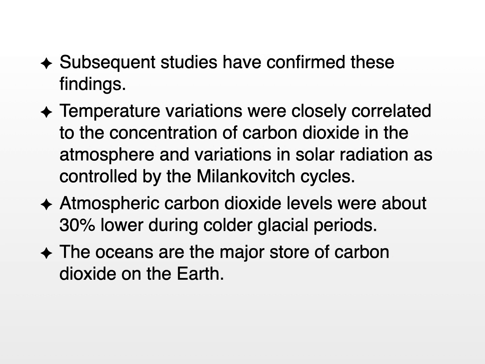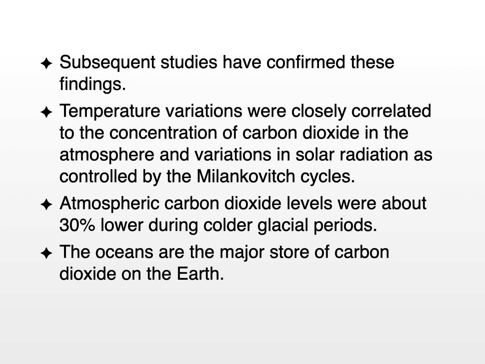And when the temperatures became cooler, carbon dioxide moved from the atmosphere into the ocean. Ocean waters actually can dissolve or take up more carbon dioxide when they're cooler. When ocean waters warm up, they release carbon dioxide into the atmosphere.